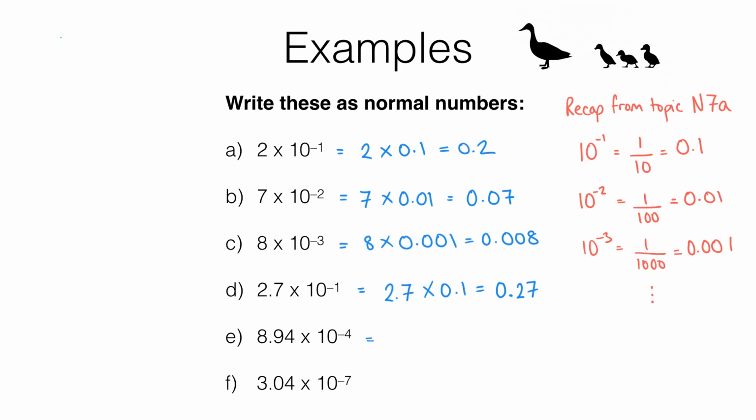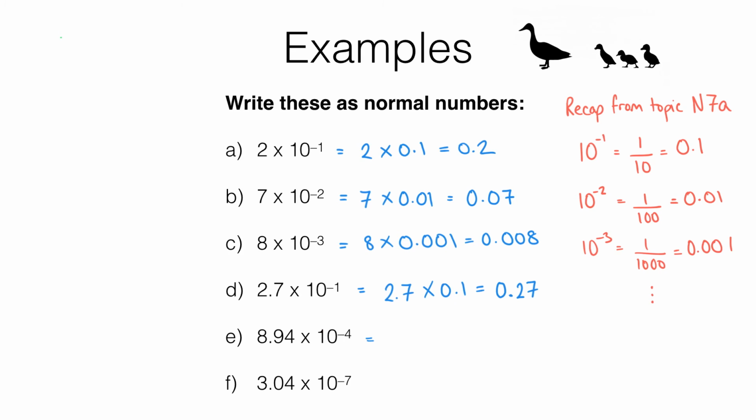Here is the answer. Now, if you think about what's going to happen, 10 to the power of -4 means we need to move every one of these digits 4 place value columns to the right. So the 8 is going to go not into the tenths, not into the hundredths, not into the thousandths, but the next one along.